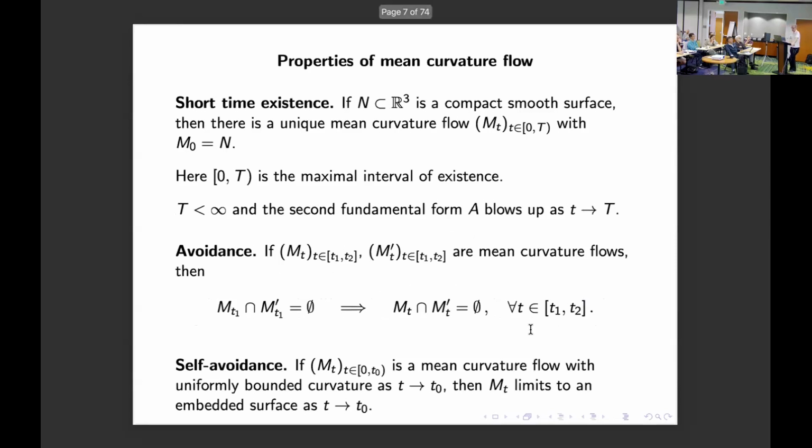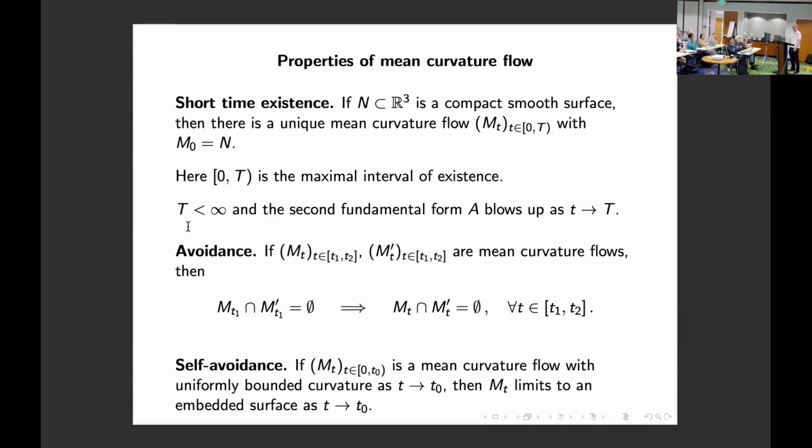Some general properties. Short time existence and uniqueness. This follows from classical methods. If you have a compact smooth surface in R3, then you have a unique solution to the mean curvature flow equation. It's defined on some time interval 0 to capital T, where the initial data is equal to M, and this is the maximal interval of existence.